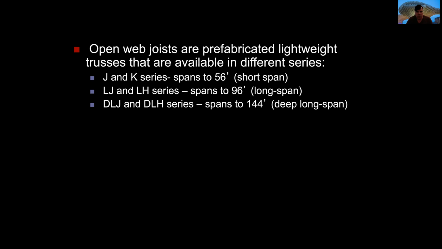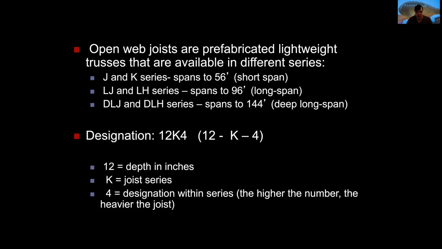studios, you can just go to the tables and decide what type of elements you need, and you will have all the dimensions. Well, the designation of this particular joist is as follows. You will have a number, you will have a letter, and you will have a second number. For example, a designation 12K4 means 12 is the depth in inches of this particular material.